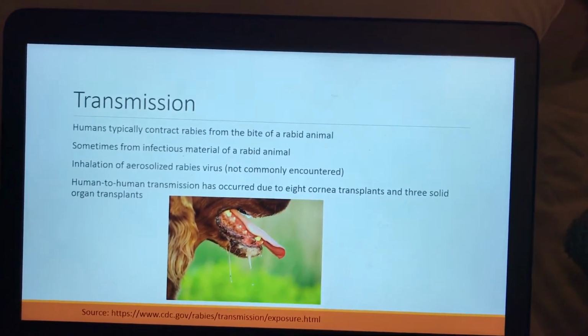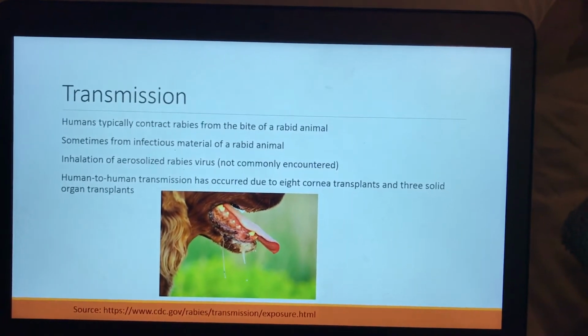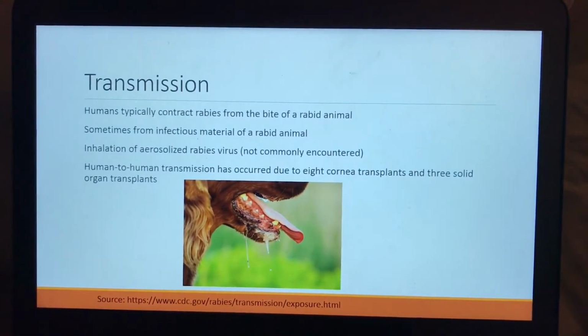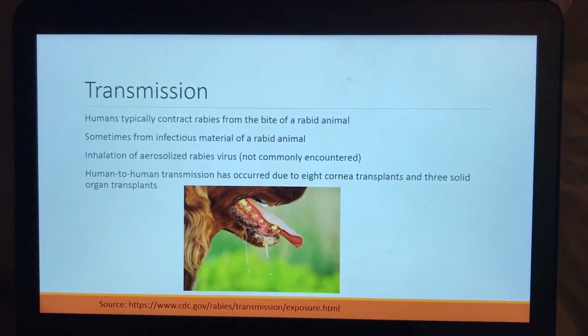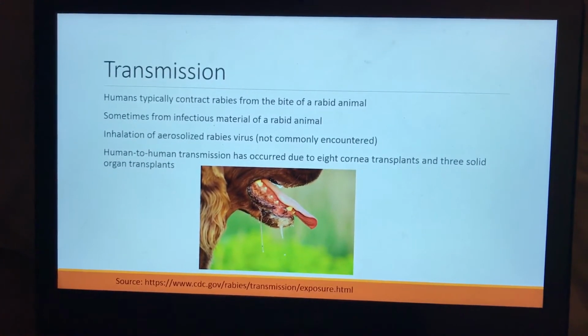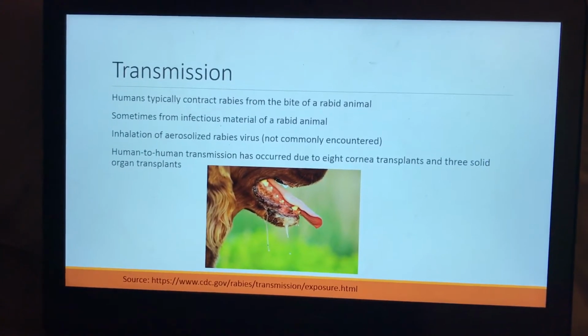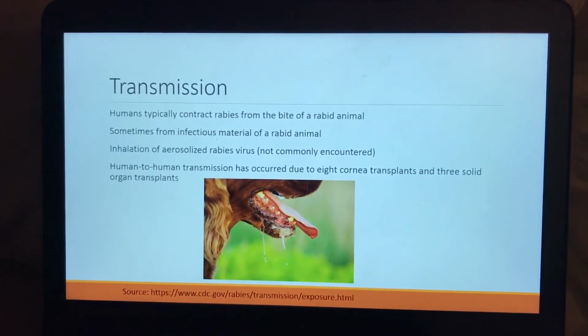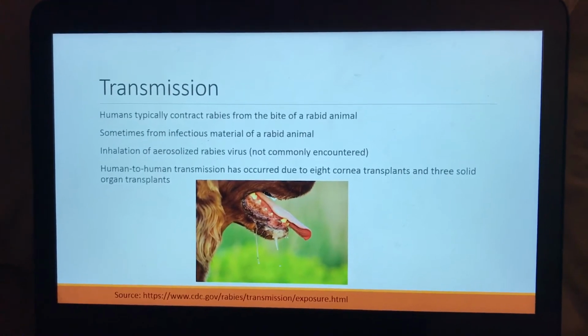So typically, humans contract rabies from the bite of a rabid animal, sometimes from infectious material of a rabid animal. So an example of the infectious material would be if saliva or brain tissue got directly in a human's eyes, nose, mouth, or open wound.